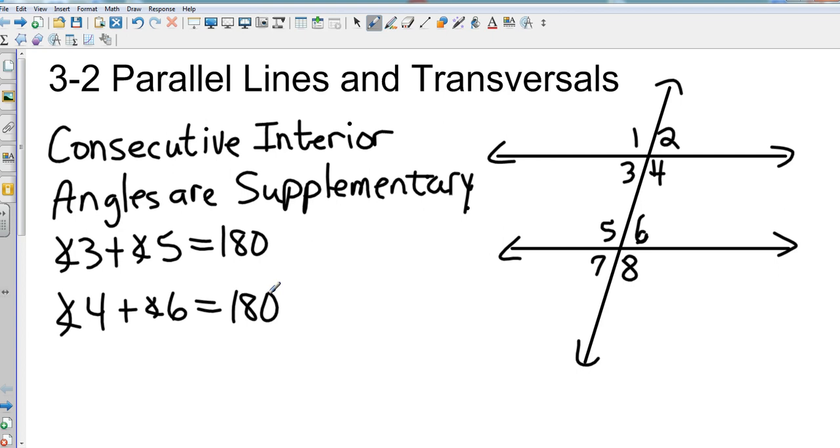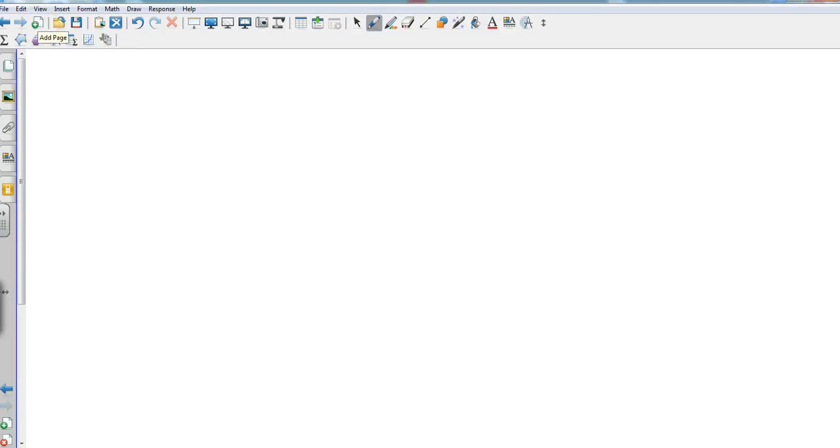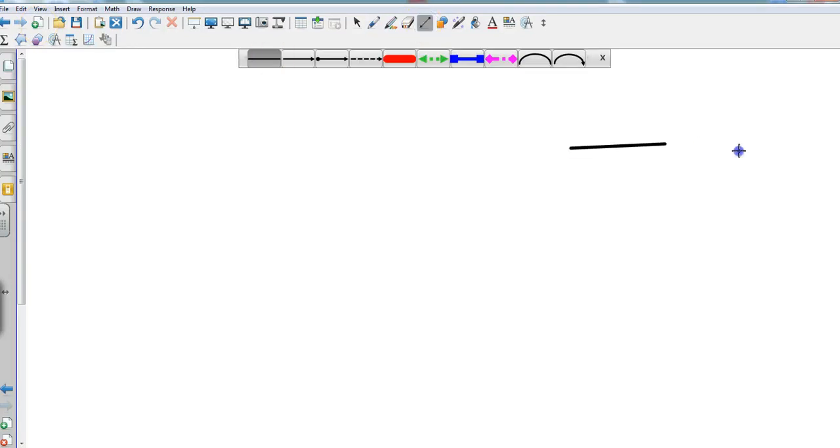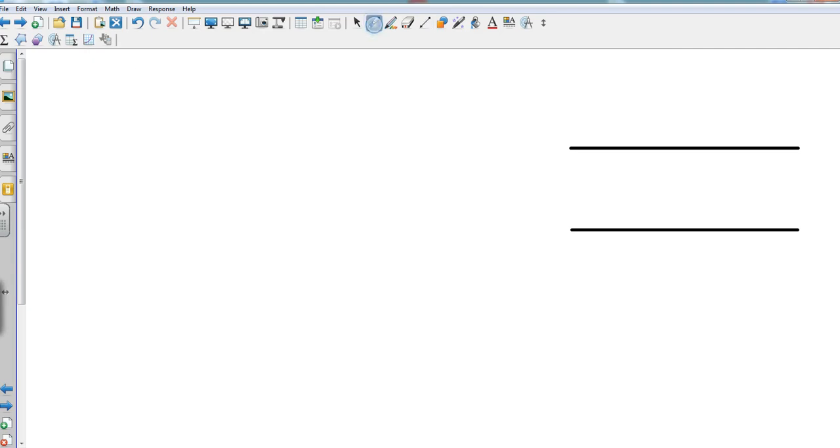And so what does this look like? Well, let's say that I had just a plain Jane example here. Sorry about that. I had a phone call, so I'm not exactly sure where I was, but here we go. So we're going to get our parallel lines.